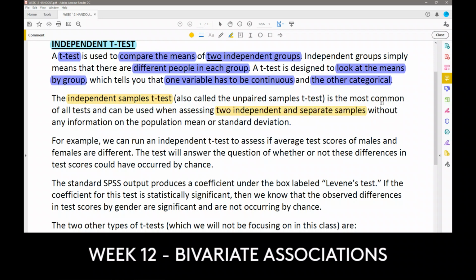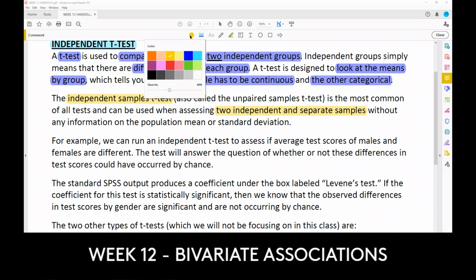When we don't have information on the general population mean, the average across the population, or we don't have any information on the standard deviation, using the independent samples t-test is best, because this type of test doesn't require that kind of information. It does require that you have two independent and separate samples, meaning that your categorical measure has two categories.